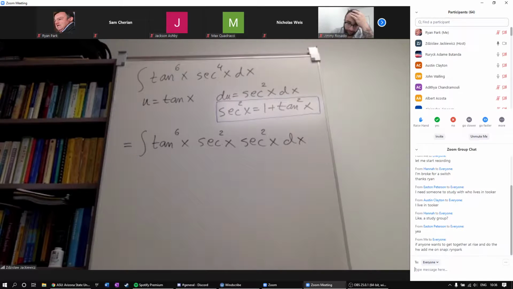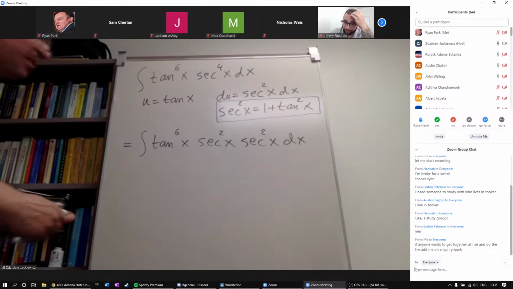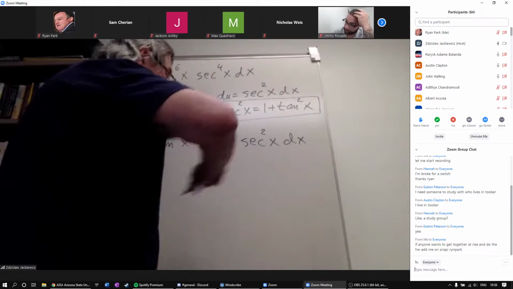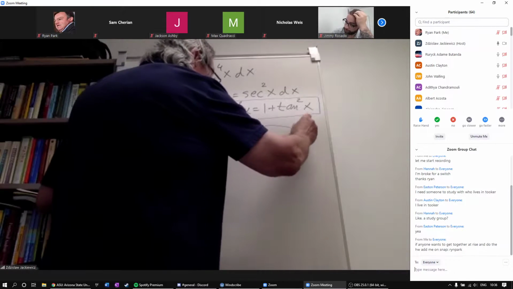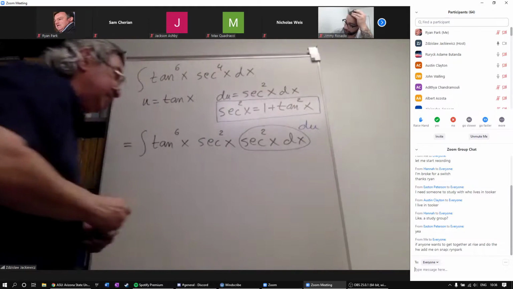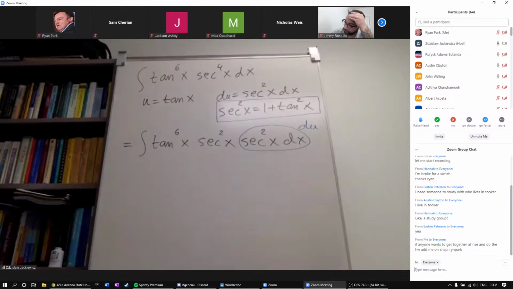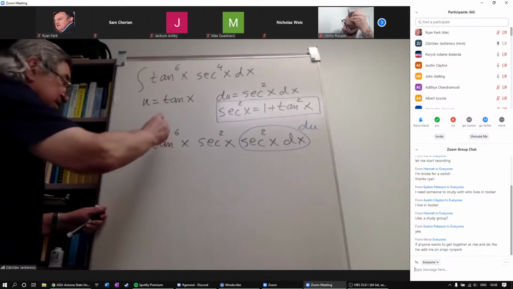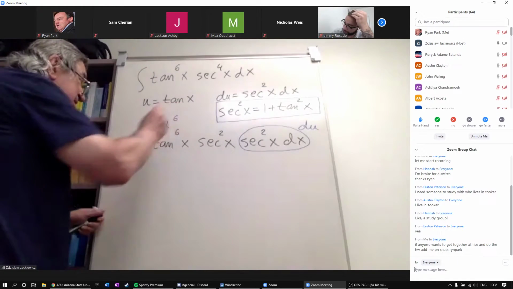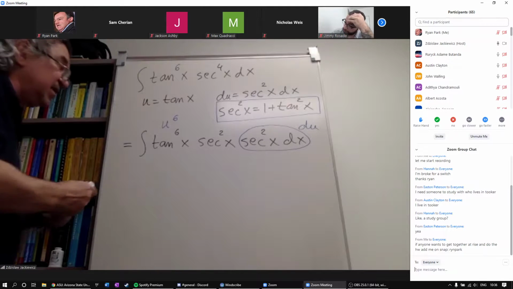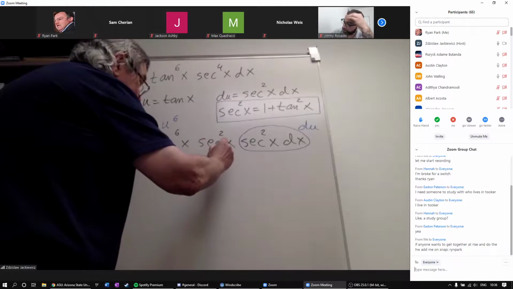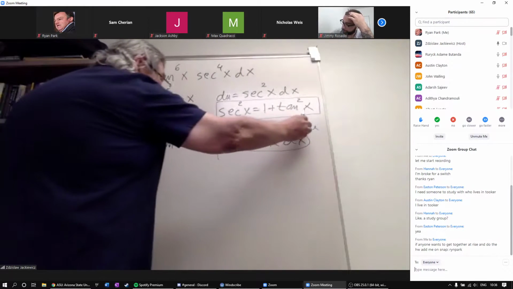So now you see that secant squared x dx is du. Tangent to the power 6 is u to the power 6. And this other secant squared is 1 plus tangent squared.